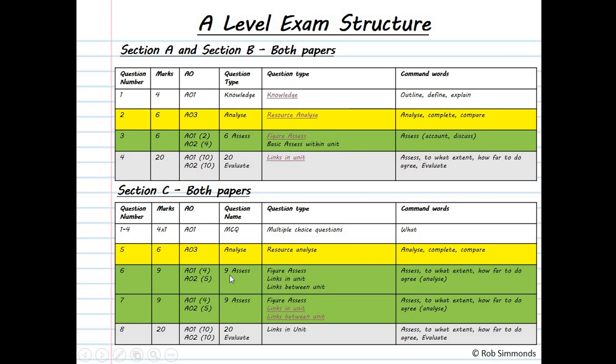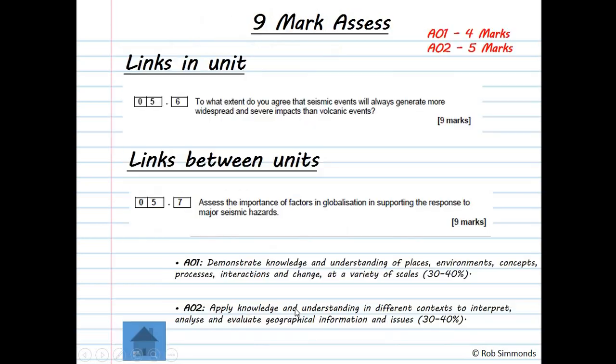Now, one of these questions in the optional section C will ask you to discuss links within a unit, and I'll show you an example in a minute. The other question may ask you to discuss links between different units. So that might be between hazards and globalization, or hazards and changing places, and I'll show you those now.